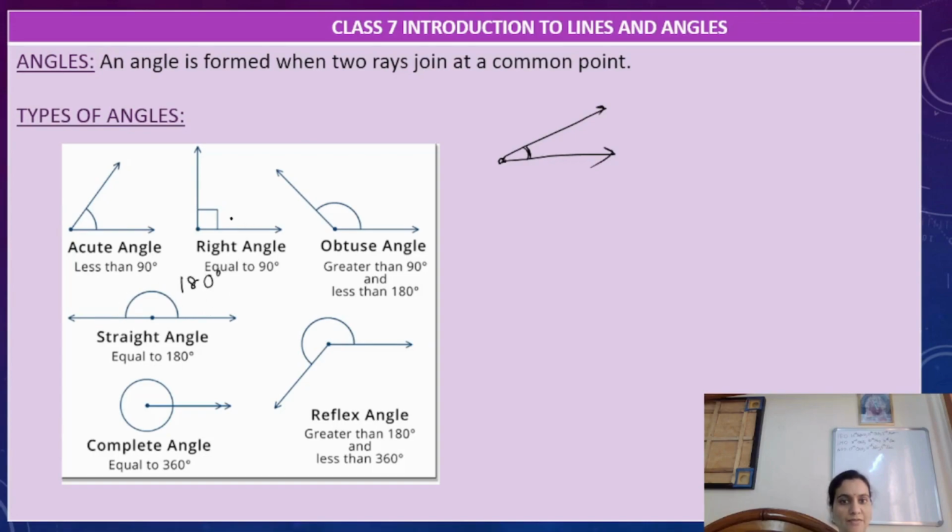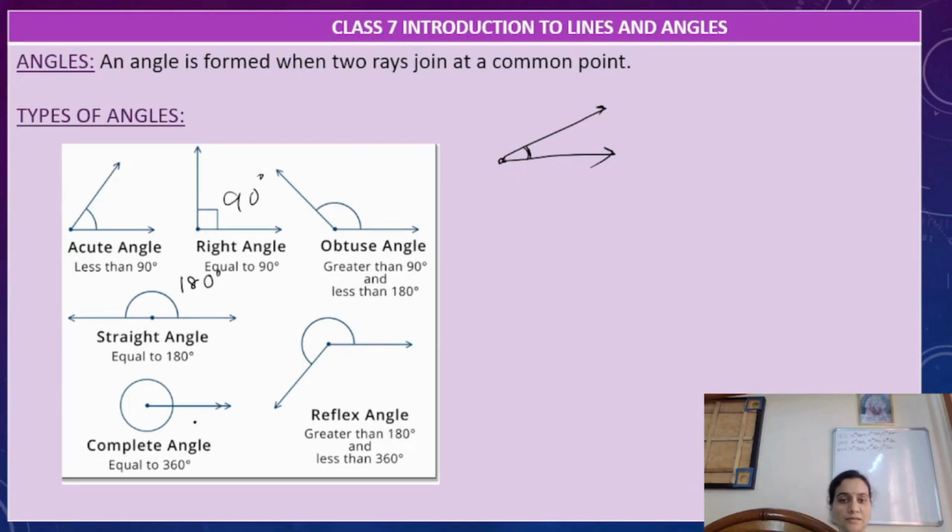So 90 degrees we saw is the right angle, and its counterpart is the straight angle, 180 degrees. Then we have the reflex angle, the angle greater than 180 but less than 360 degrees.